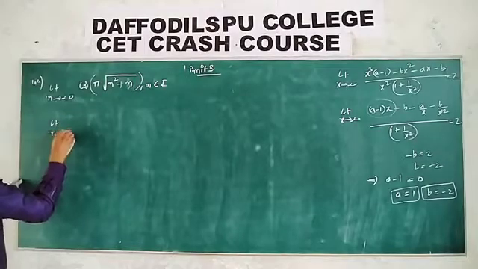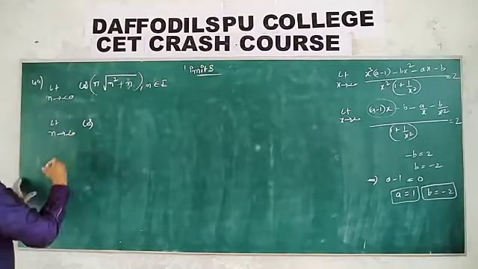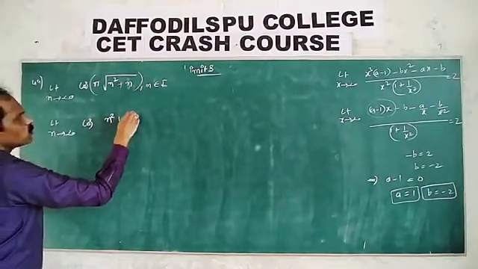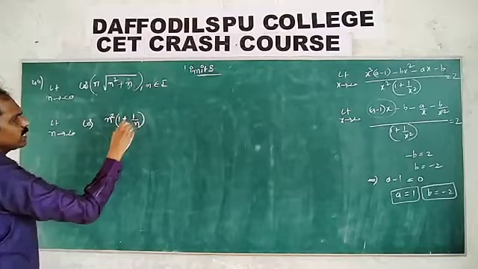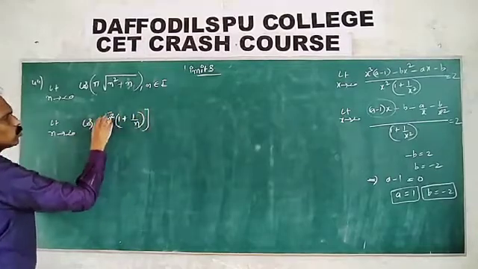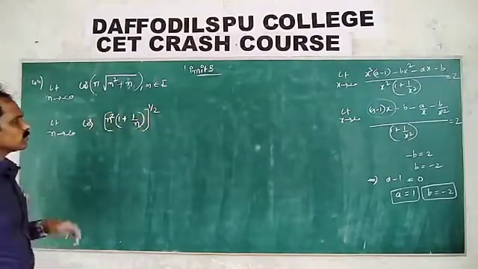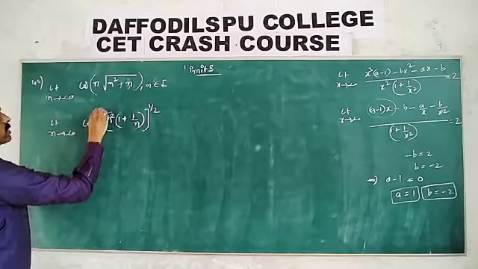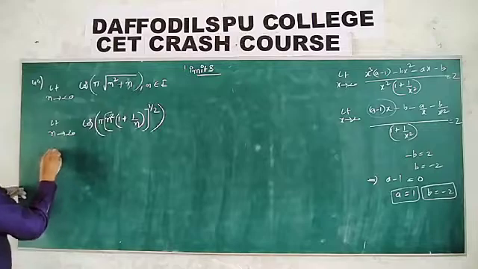Limit n tends to infinity of cos of pi times (n square common, 1 plus 1 by n) to the power of 1 by 2, with pi outside.